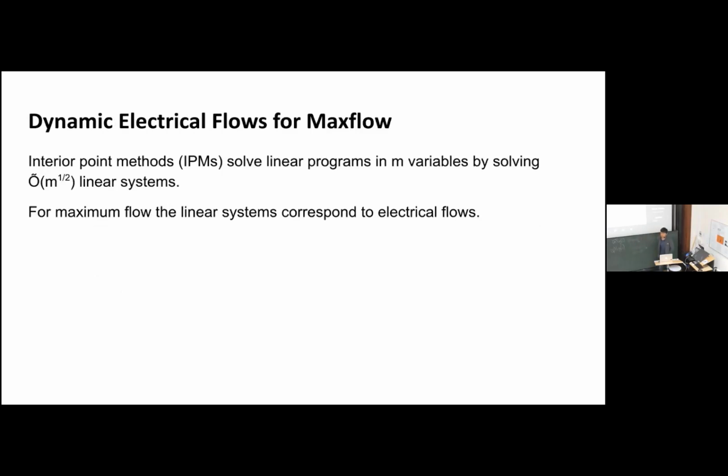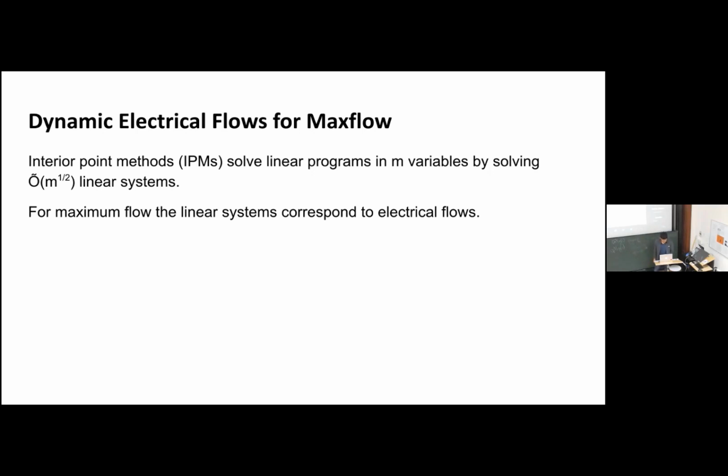At this point, I'm going to go into a little more detail, intuitively at least, about how to use dynamic electric flow data structures to solve Maxflow. It's a slightly different treatment than maybe what Jan had in the first talk today. So in general, an interior point method shows that you can solve Maxflow by solving a sequence of square root m linear systems.